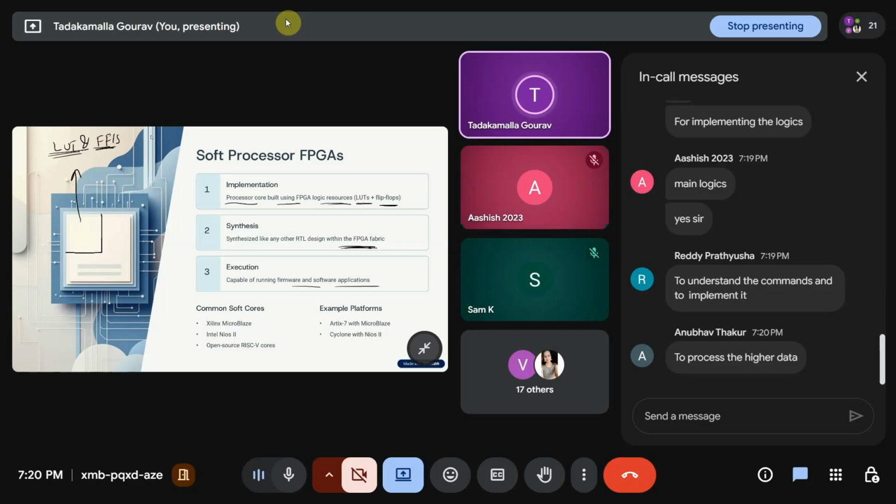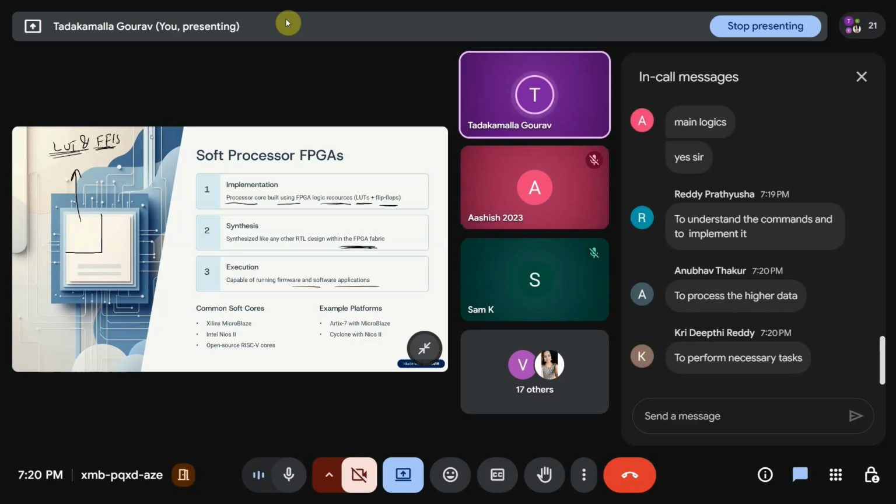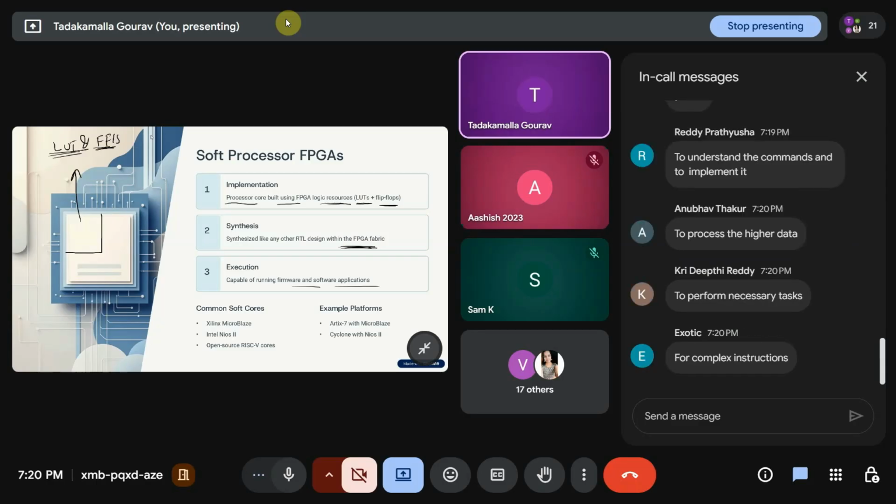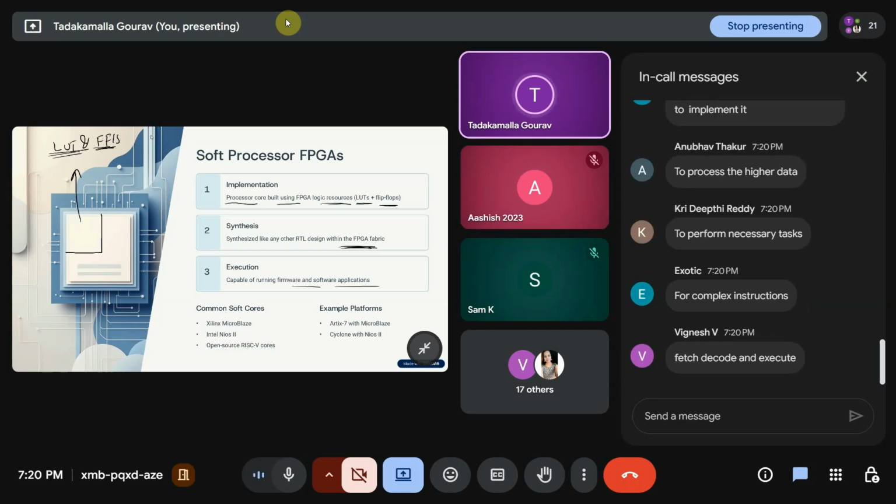So whatever the higher level abstraction layers we are going to have, like your operating system or whatever applications you are going to have, they are going to run on a processor itself. The FPGA is not going to run all those operating systems.